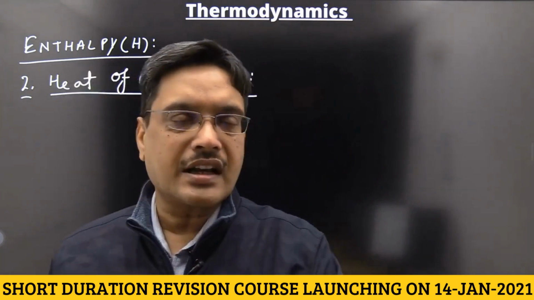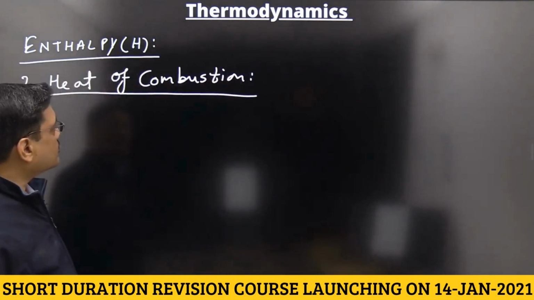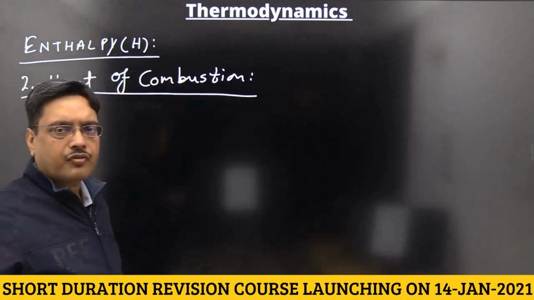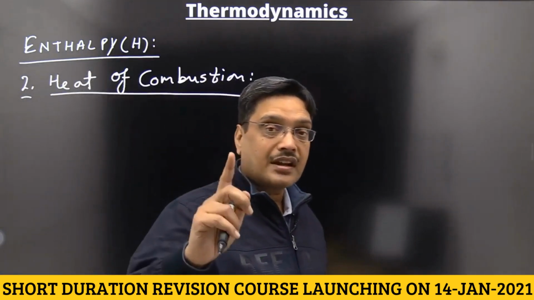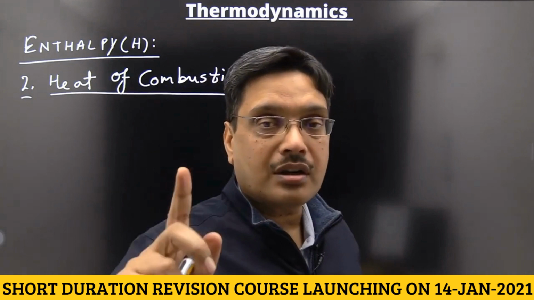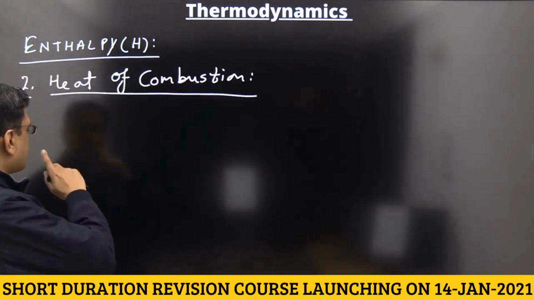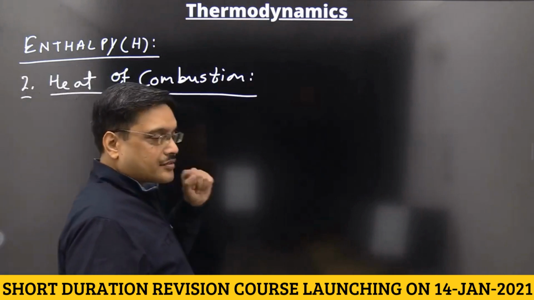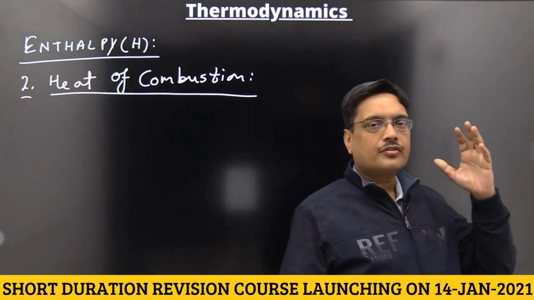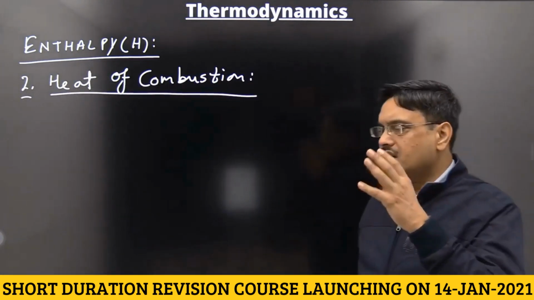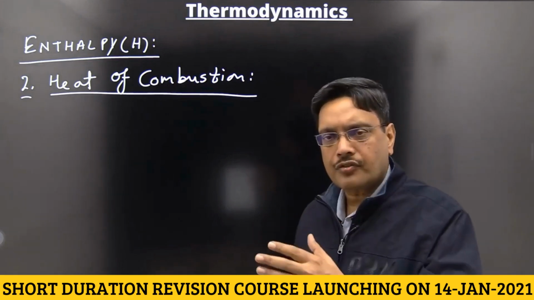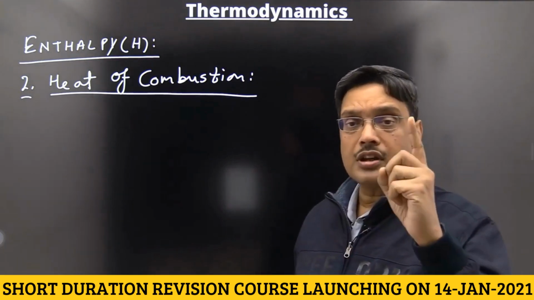So, what is the definition? The heat evolved during the complete combustion of 1 mole of the substance. In every definition, 1 mole is constant. So the heat evolved during the complete combustion of 1 mole of the substance is known as heat of combustion. Combustion is done in presence of excess of oxygen, but 1 mole is constant.